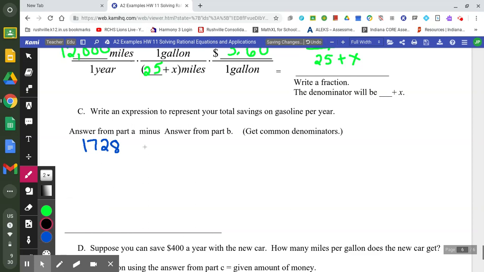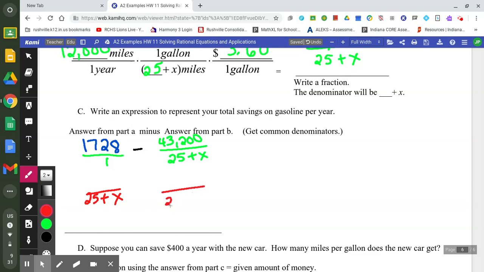And then we're going to subtract the answer from part B, which was 43,200 over 25 plus X. So the way that we're going to subtract this is there's not an equal sign, so we are just going to get like denominators. So since this is 1,728 over 1, I'm going to use 25 plus X as my denominator for both of these.